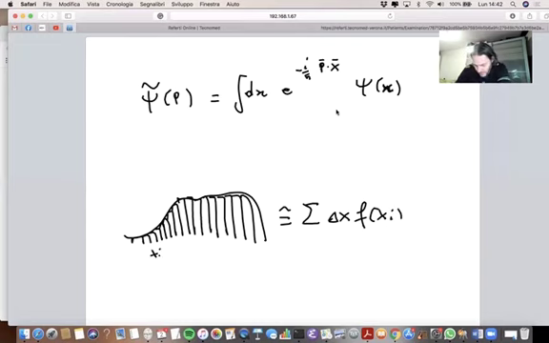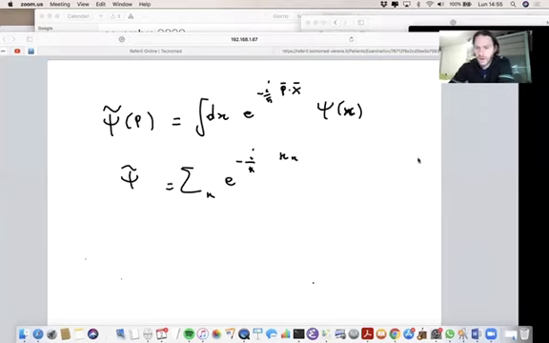That's the approximation for the integral dx of f of x, right? All I want to emphasize is that this basically amounts to a matrix-vector multiplication after discretization.